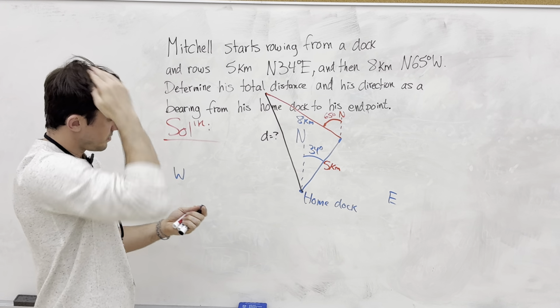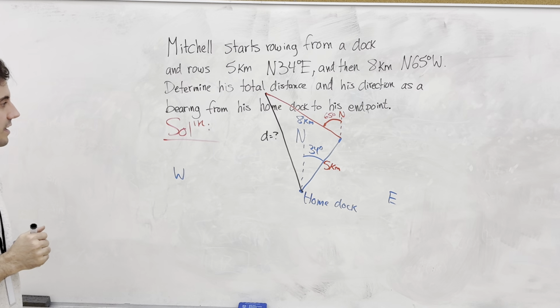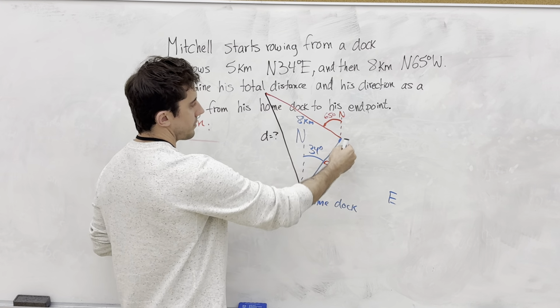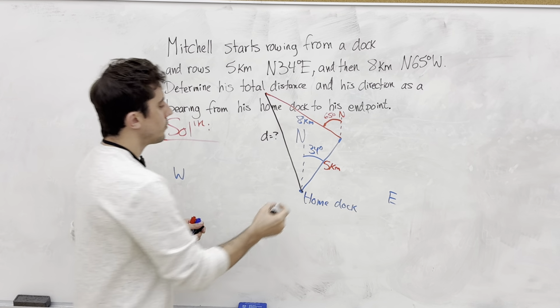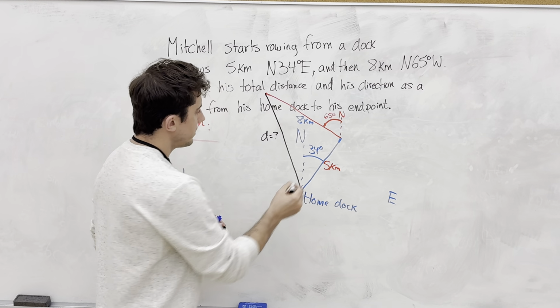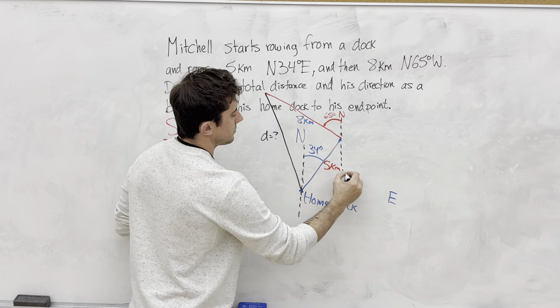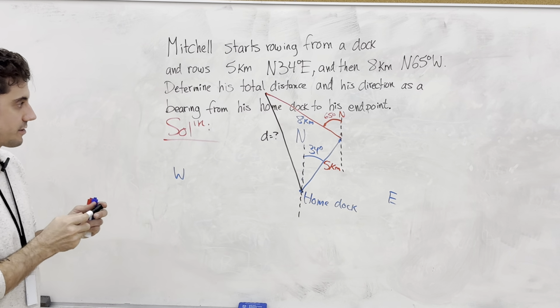So, first things first, let's label what we can inside our diagram. So, whenever we have north lines, like so, we know that these lines are parallel, right? And that's often really important to further our diagram.